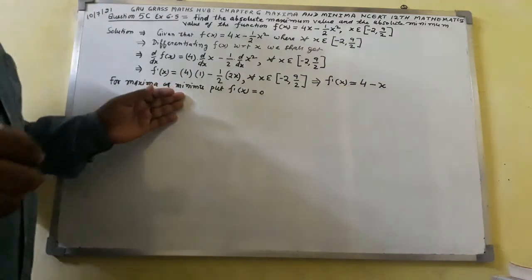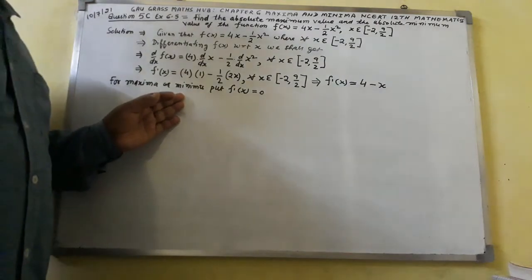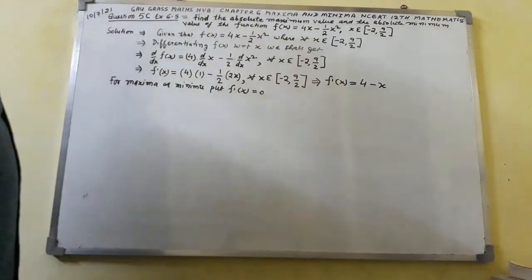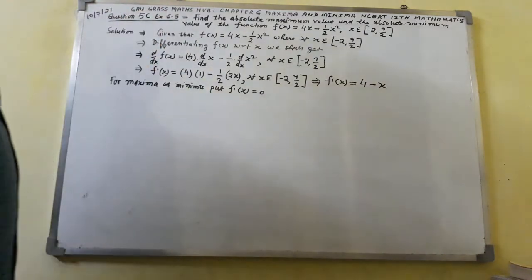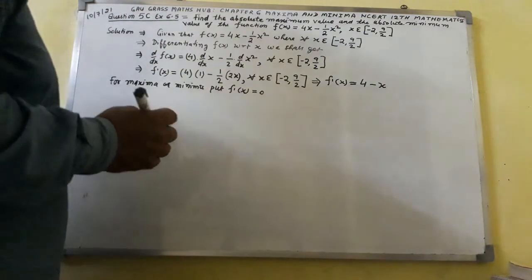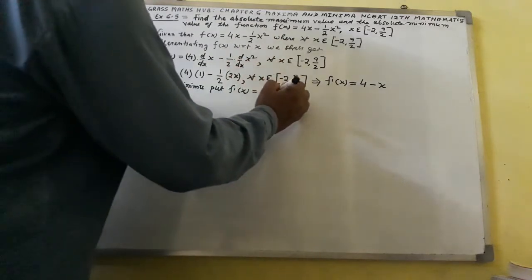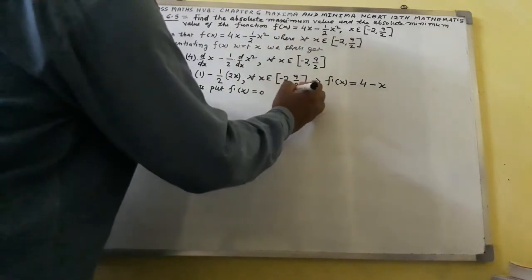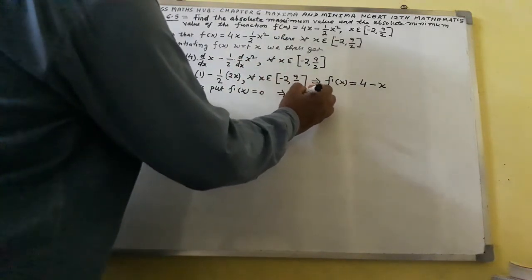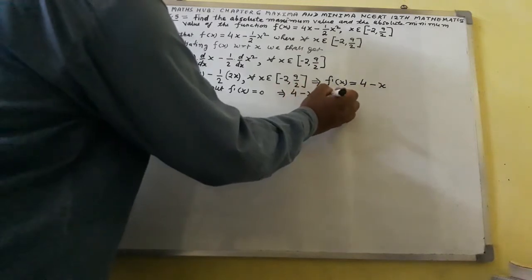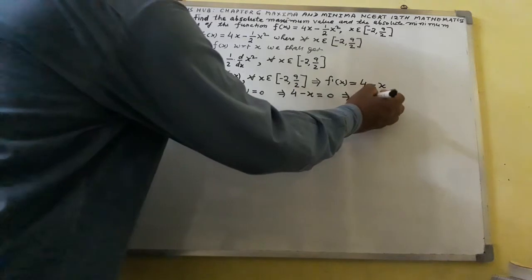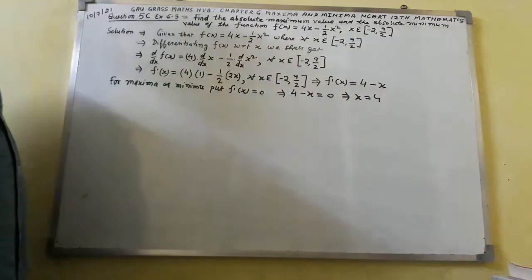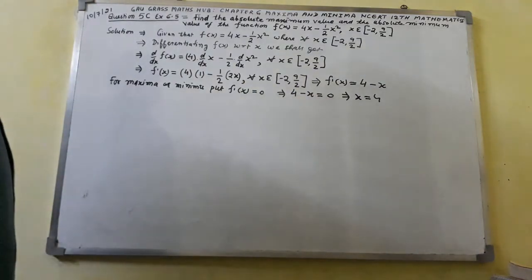This is the principle which is applied in every solution of this type of question. So again I shall write, implied that 4 minus x equal to 0, implied that x equal to 4. x equal to 4 we have got.